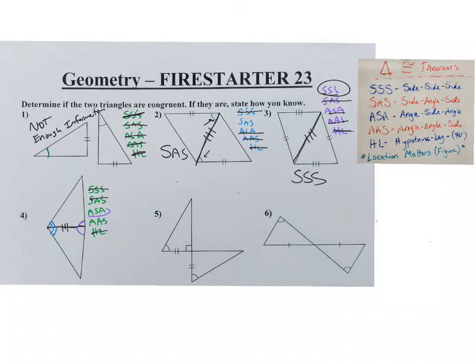So that's angle, side, angle. Because remember, location matters, especially when I'm trying to figure out between these two. Location matters, right? Especially those 3 right there, really. All right, 5. So once again, we got side, side, side.